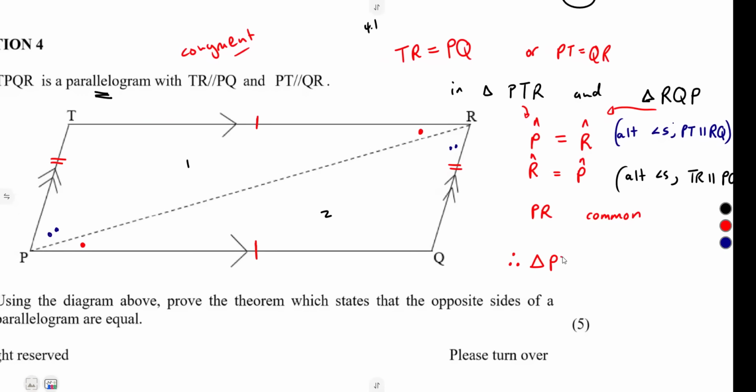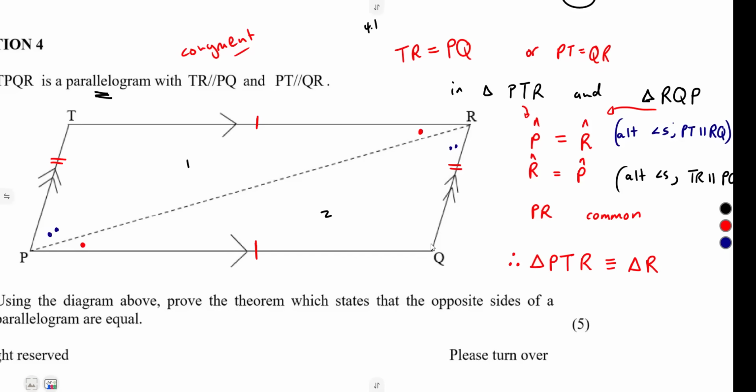You take it in that manner, but the second one must be taken properly according to this. P, we said P and R. P is equal to R according to these angles, according to these properties. Then the T and the Q. Remember those properties that I was saying for a parallelogram.